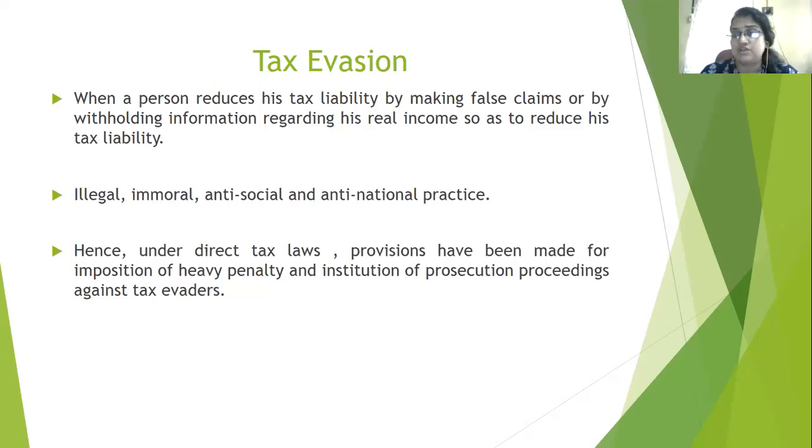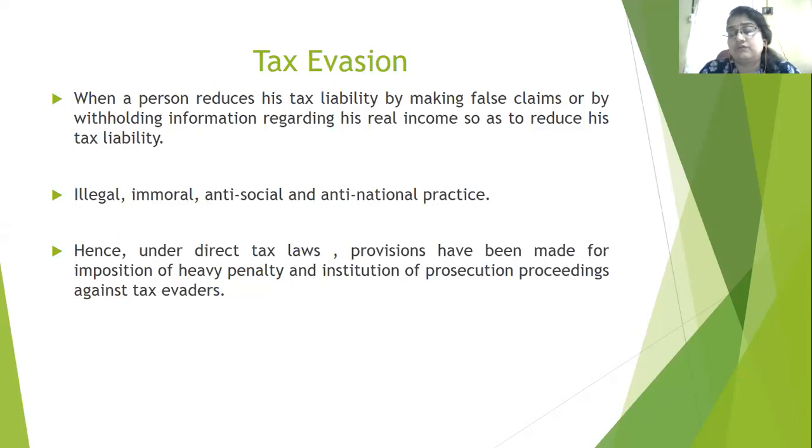Whereas in tax evasion, what are you doing? You are openly violating the rules, regulations, etc. That is why it is said to be illegal, immoral, antisocial, and an anti-national practice. Now, the definition of tax evasion says that a person reduces his tax liability by making false claims or by withholding information regarding his real income.